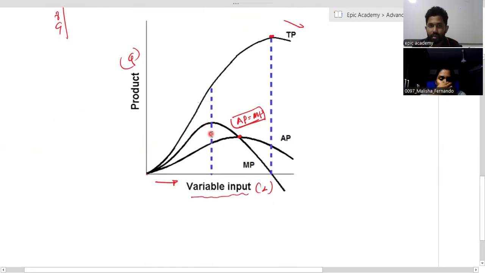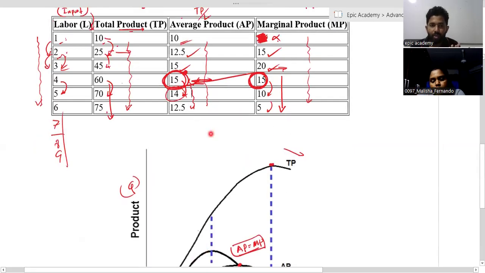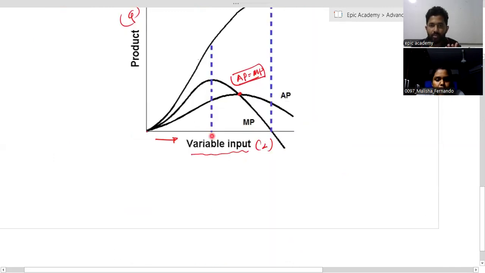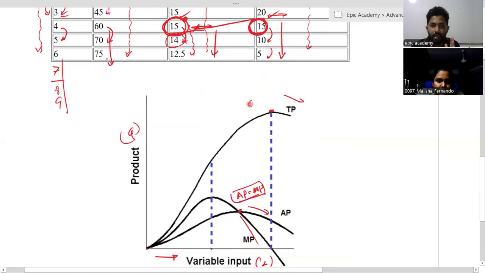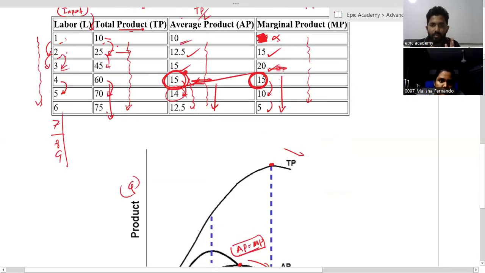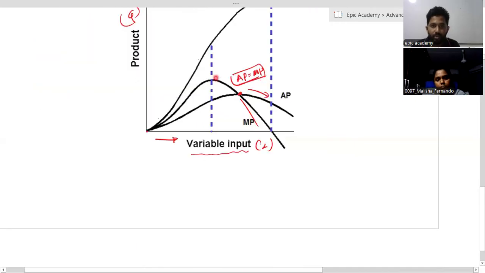So after that point, what happened to the average production? It is going to reduce. But here, the marginal production has already started to reduce in value. This point also.